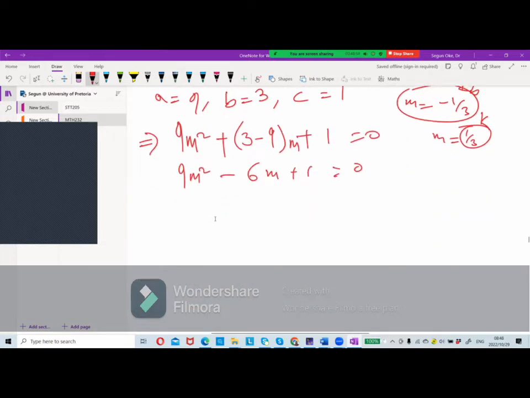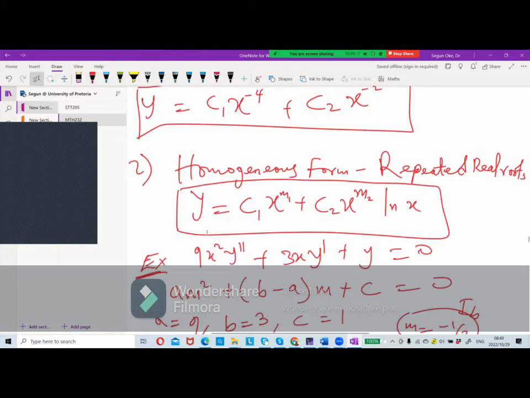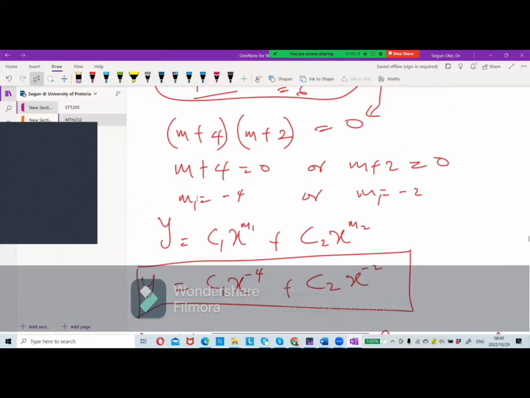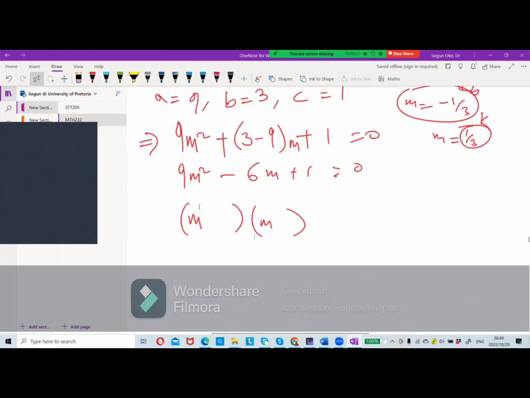So in this case now, we have a square. And how do we do it? m will first of all be inside, but m will not be alone. Remember, in the other one we had 1 as a coefficient. That is why we used m alone.